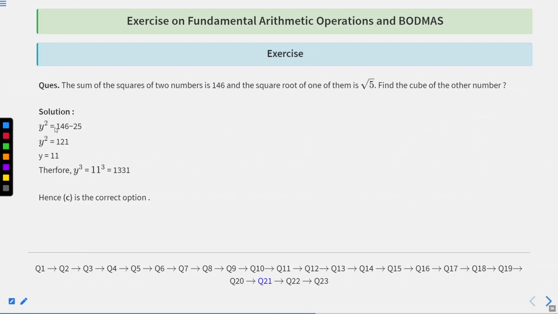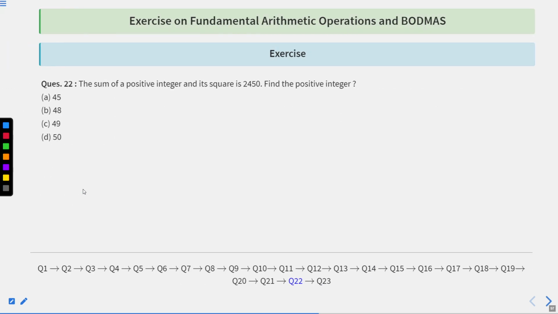Further simplifying, y square is equal to 146 minus 5, so y square is equal to 121 and y is equal to 11. We are interested in the cube of that number, so y cube is equal to 11 cube, that is equal to 1331. So the correct option here is option C.